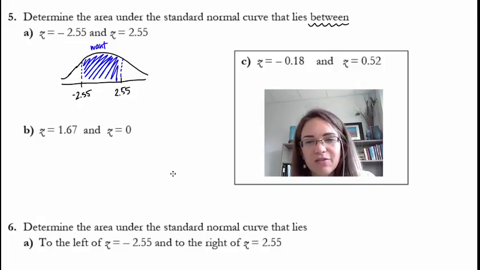The table will give me area to the left of any value, but not area only from the left of 2.55 but to the right of negative 2.55.